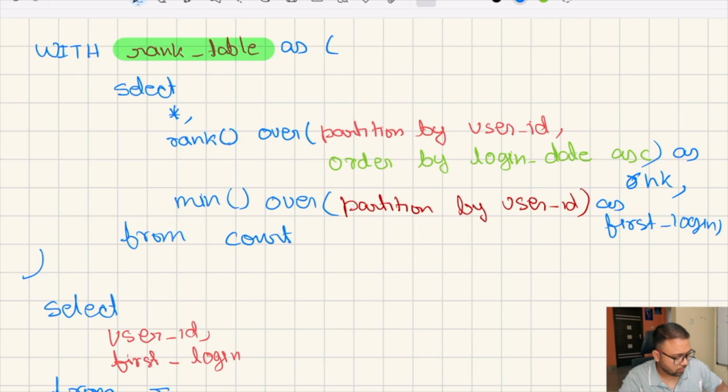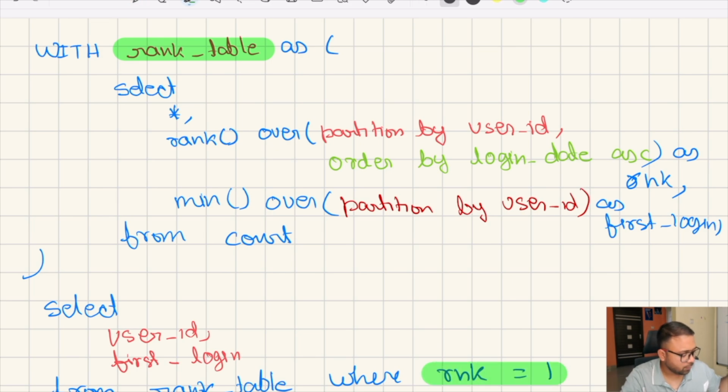Our virtual table, rank table, WHERE rank, RNK, is equal to 1. Here we have applied one filter.